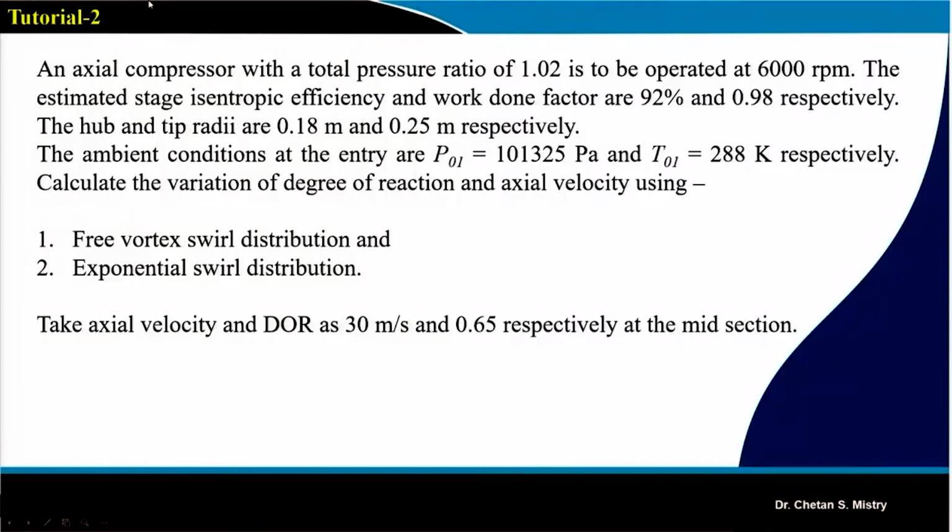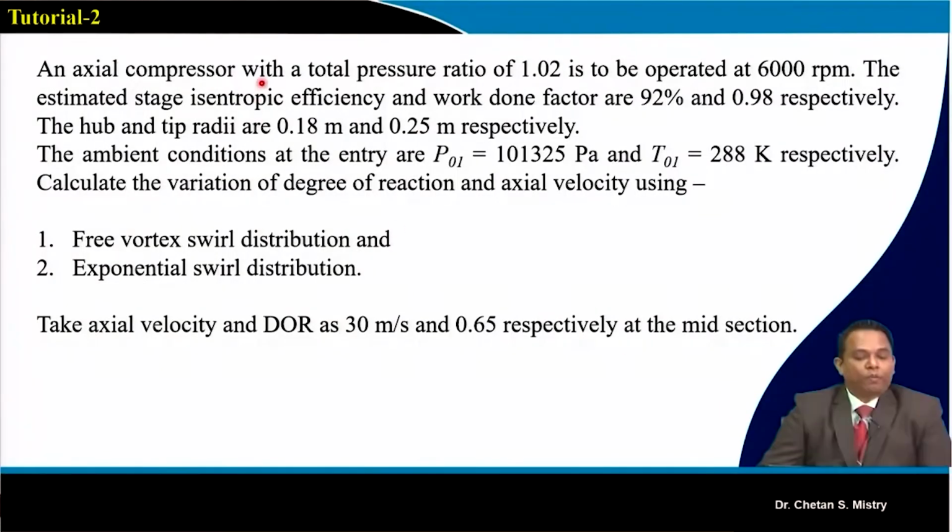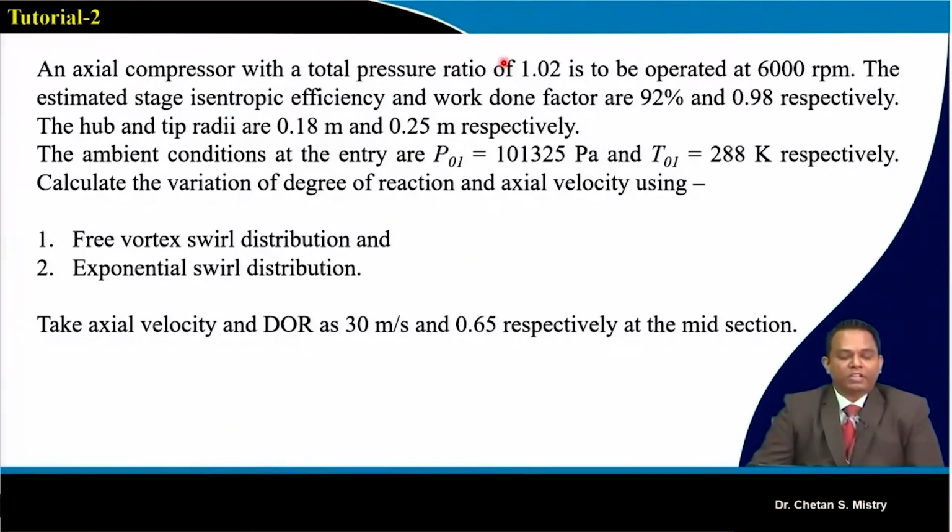So we have an axial flow compressor with a total pressure ratio of 1.02, operating at 6000 rpm. The estimated stage isentropic efficiency and work done factor are 92% and 0.98 respectively. The hub and tip radius are 0.18 meter and 0.25 meter respectively.